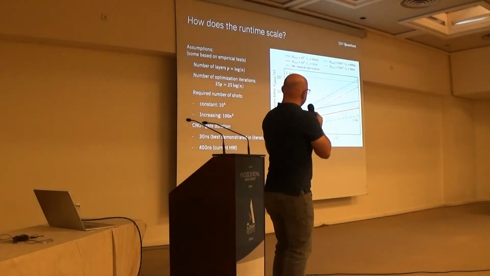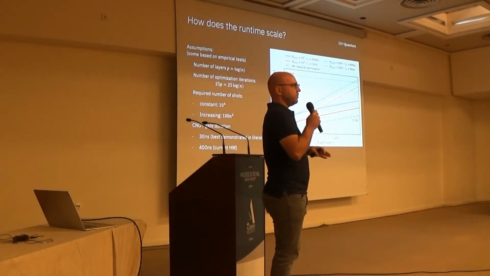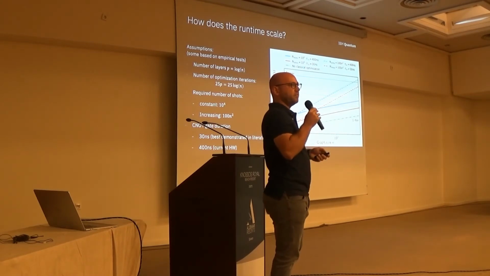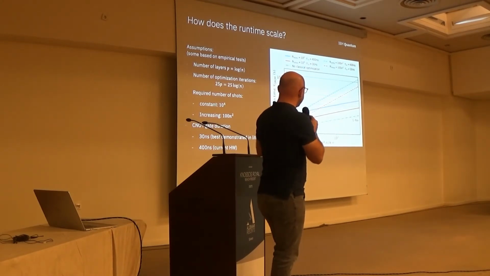If we translate all of this, this is now for a dense problem, so if the cost matrix of the quadratic program is dense, then this is what you get. In blue, you have the 400 nanosecond gate times, in red the 30 nanoseconds, and the solid line is 10 to the 4 shots, while the dashed line is 100 times n squared shots.